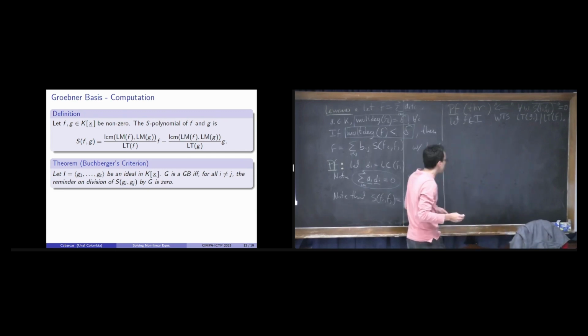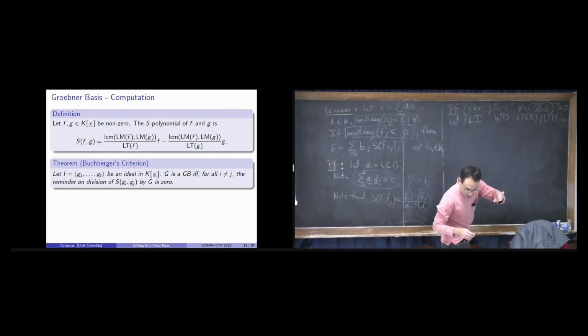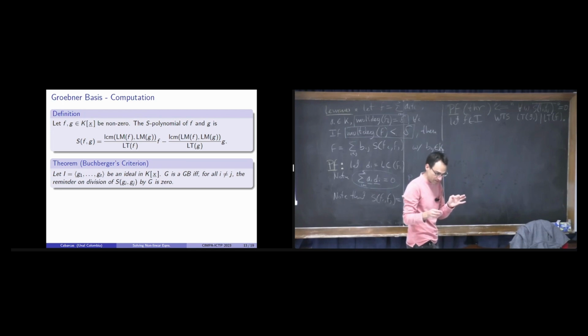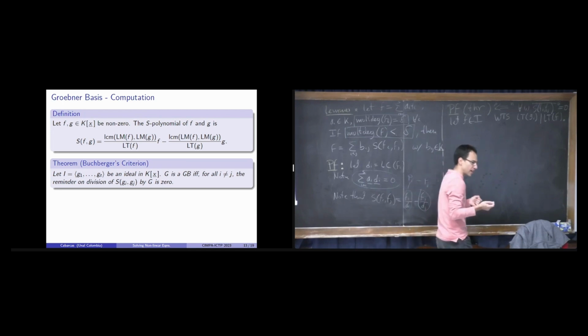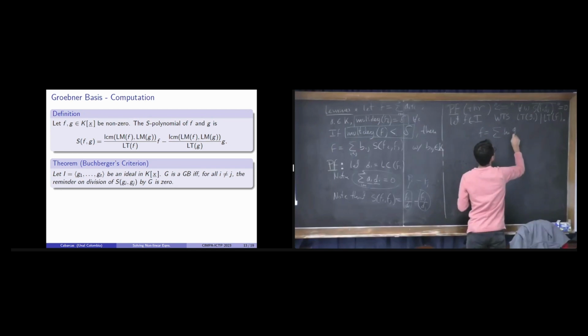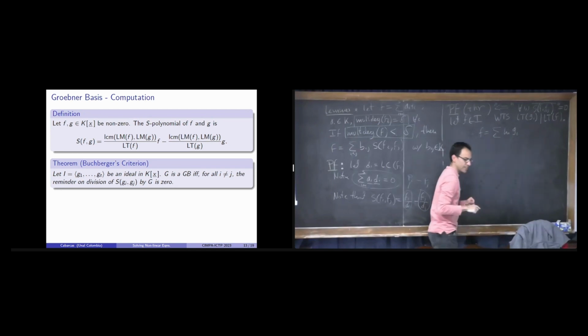Now, since F is in the ideal, and the ideal is generated by G_1 through G_t, we can write it in terms of the G_i's, for some H_i's. But we're going to do something more.